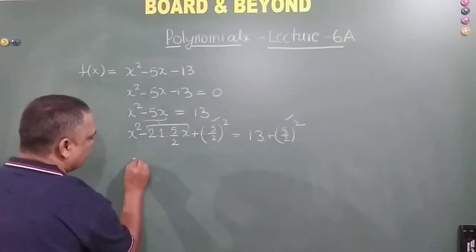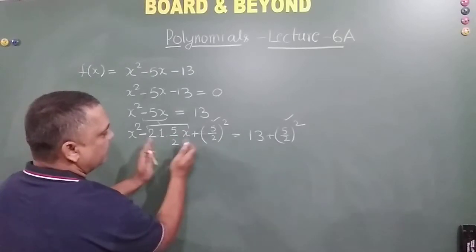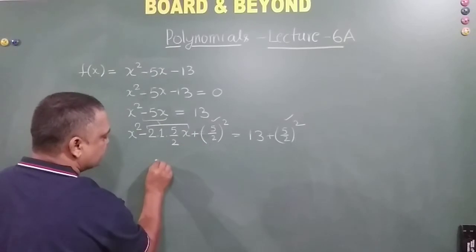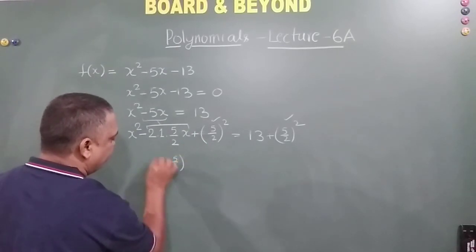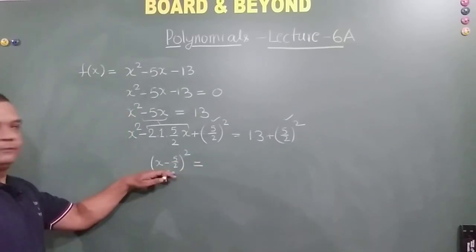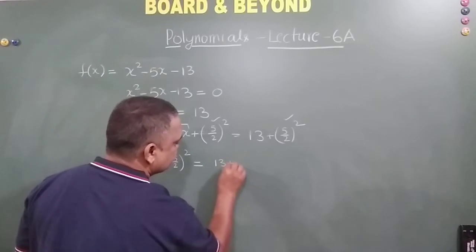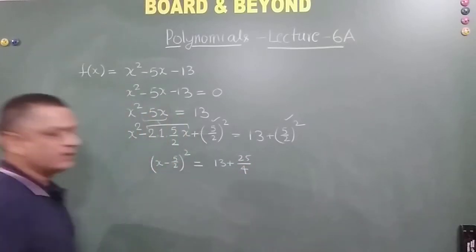Now this can be written as a square minus 2ab plus b square, which is nothing but a minus b whole square, that is x minus 5 by 2 whole square. Do you all agree here? Now this becomes 13 plus 25 by 4. Right, friends?